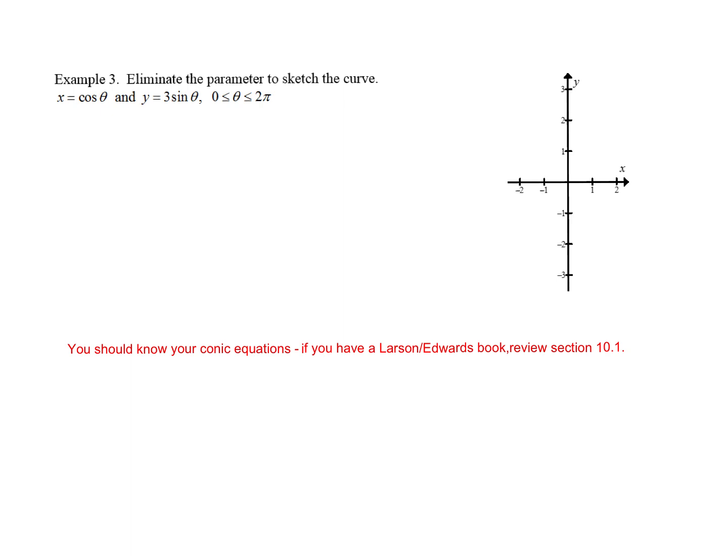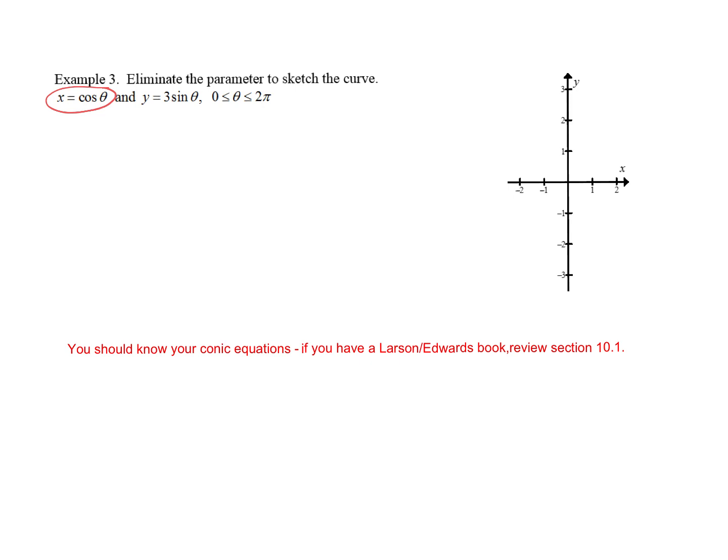All right, so let's do this. Eliminate the parameter. What should we do for our steps? Well, let's do y. Oh, no, let's do x. It's a little easier because it doesn't have a 3. So if I solve this for theta, this time the angle is the parameter. How would you solve that for theta?